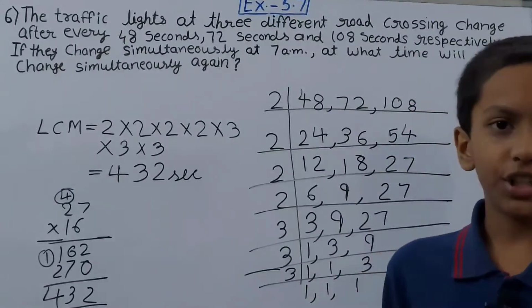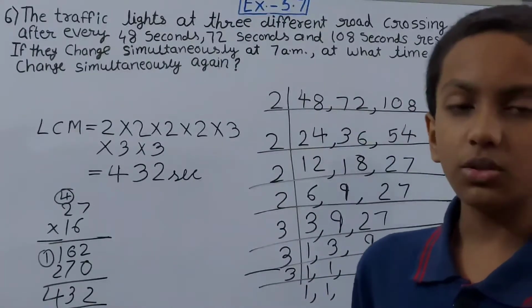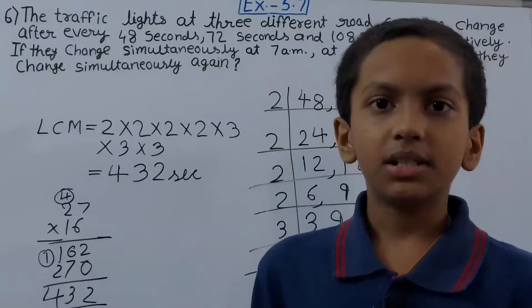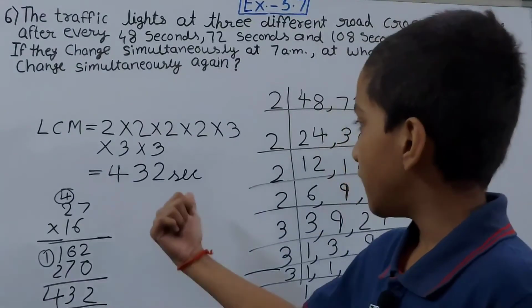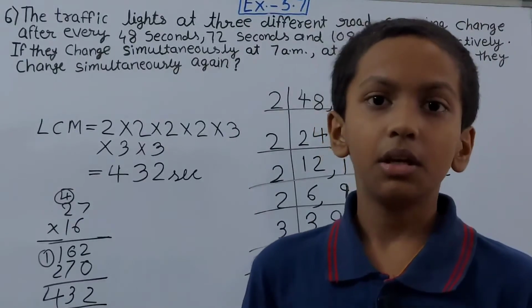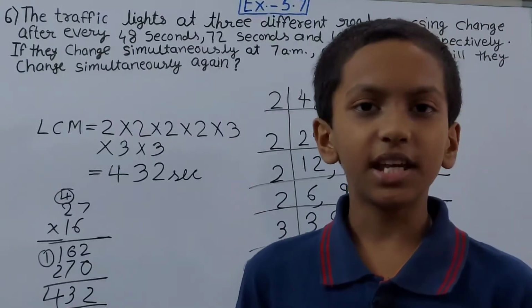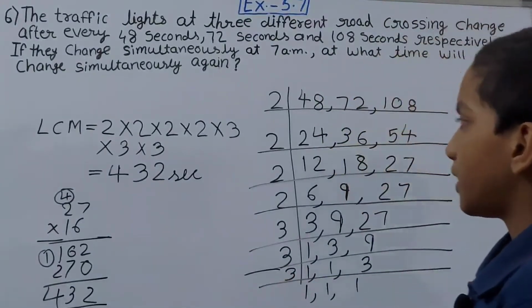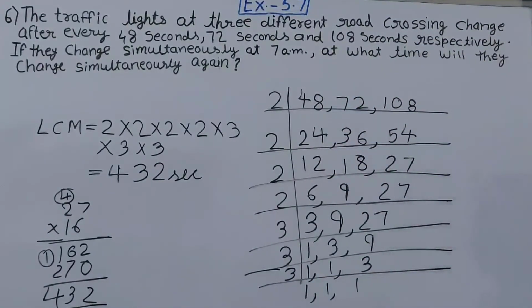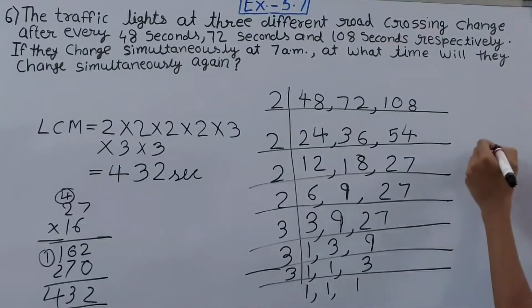It is 432 seconds. So we need to convert this into minutes. So what are we going to do? We are going to divide this 432 seconds by 60, because there are 60 seconds in a minute. That means we need to divide 432 by 60. So let's divide.